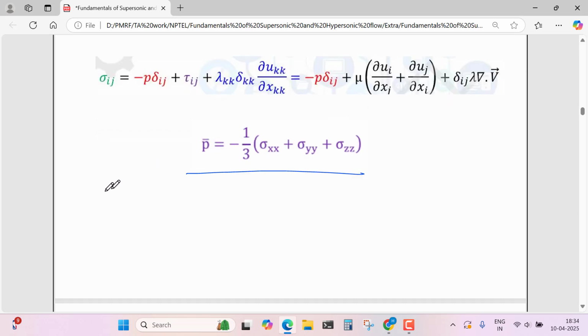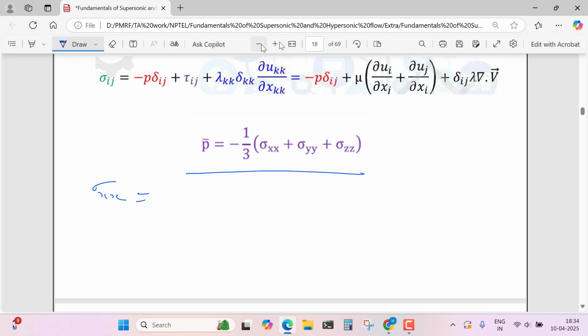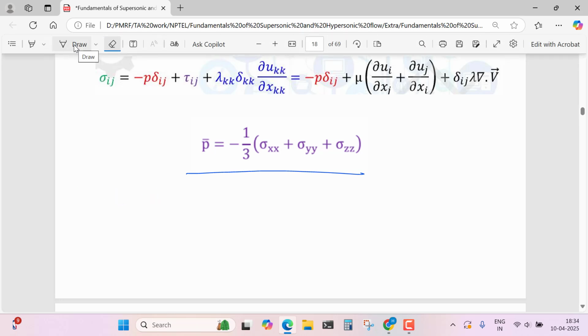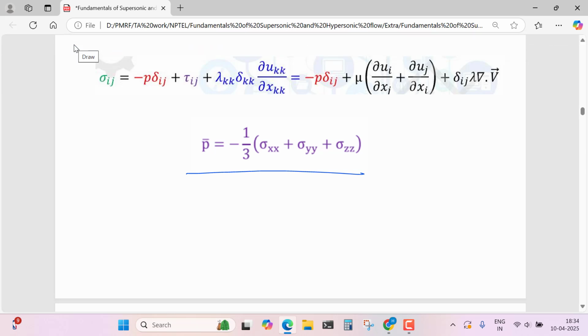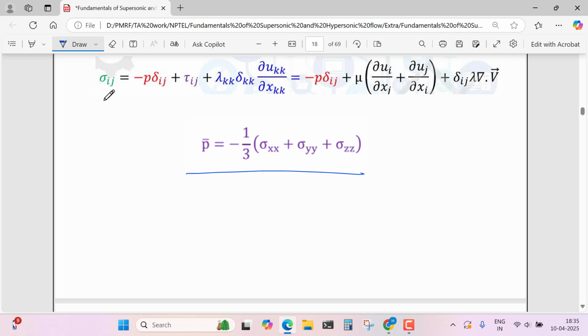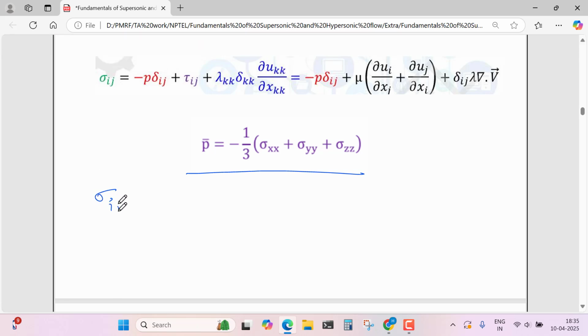So let's find out what is sigma xx. If we keep i equal to j, first let's find sigma ii, because here both are the same.